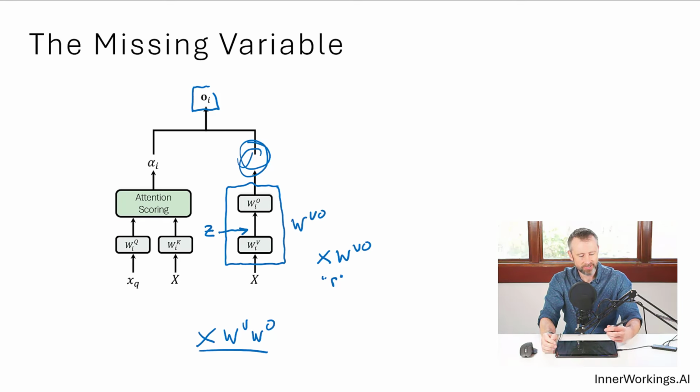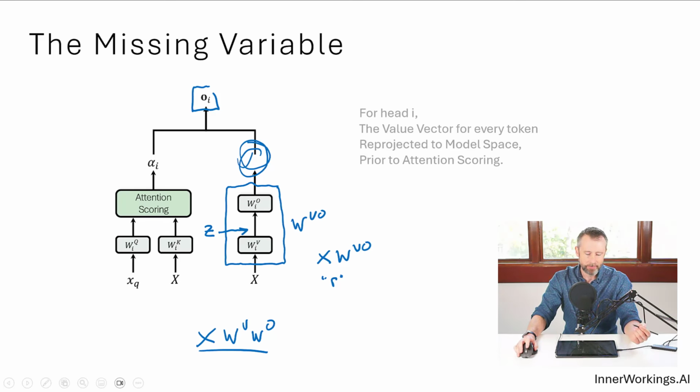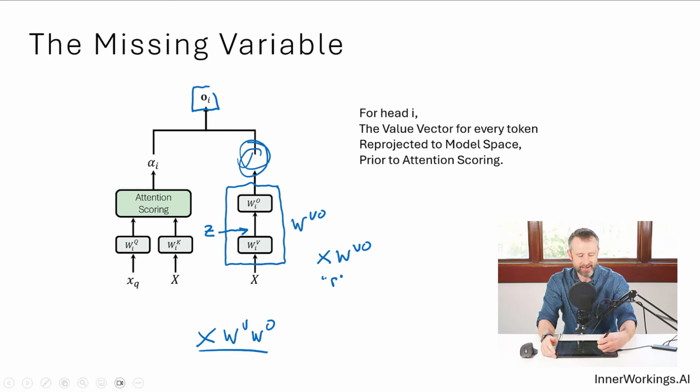It's typically used to describe the values instead of the reprojected values. But yeah, all right, let's see what this quantity really is. So for a given head i, this is the value vector, which we have for every token, and it's been reprojected to model space by the per head output matrix.